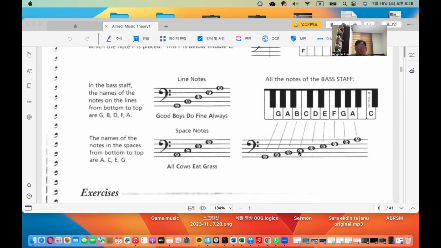All Cows Eat Grass. This is music. How to play? G, A, B, C, D, E, F, G, A.